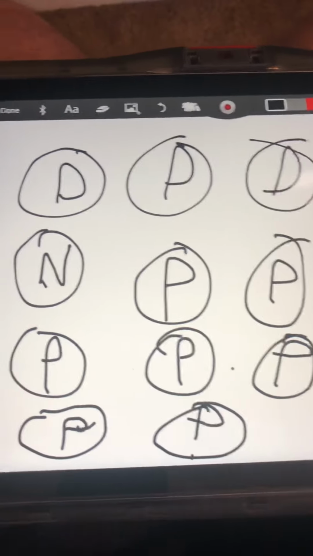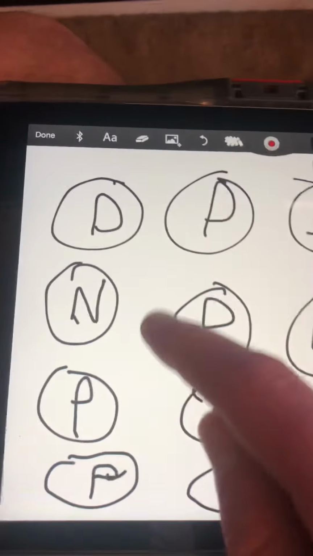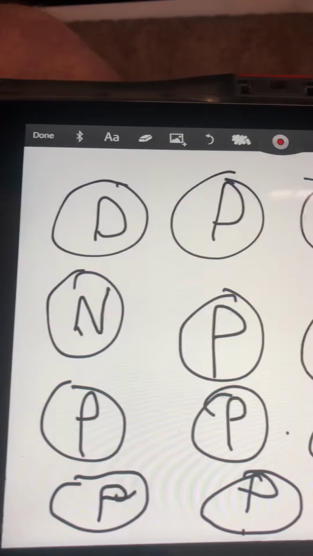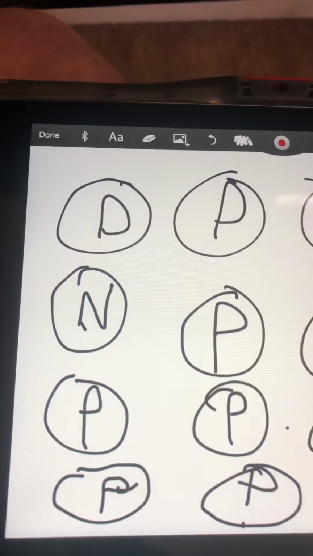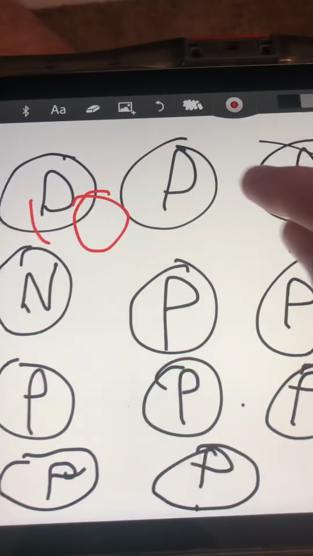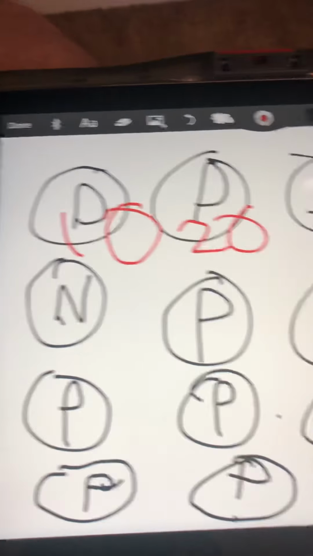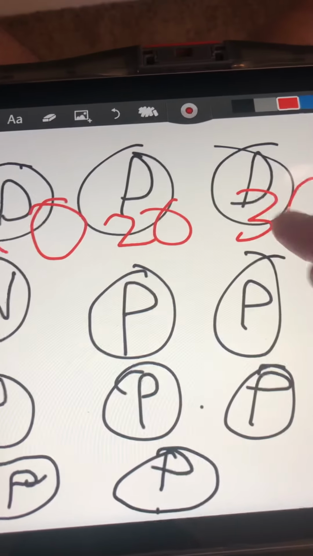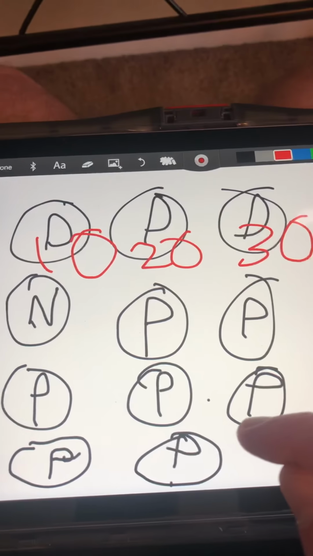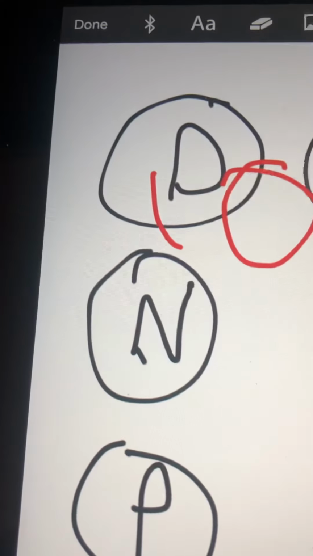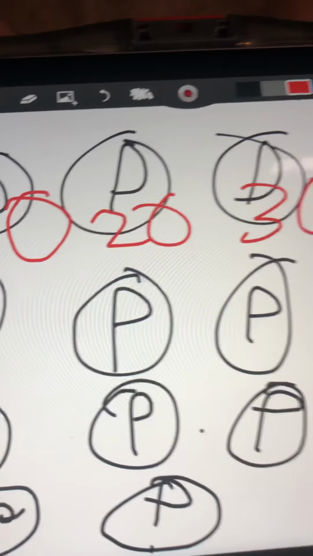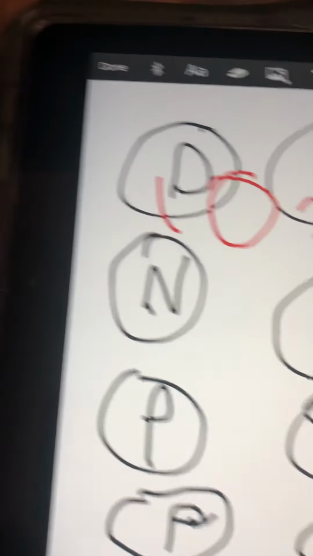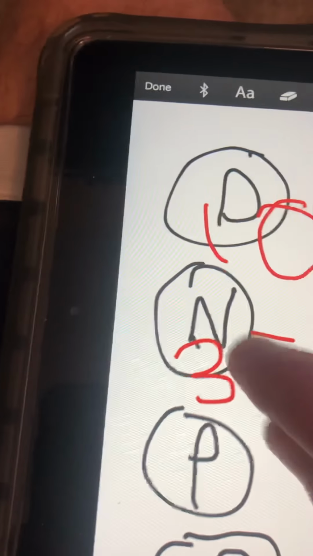A lot of stuff. We're gonna start with the biggest coin. By biggest, I mean the one that's worth the most. The one that's worth the most is the dime, because it's 10 cents. So 10 plus 10 again is 20. Plus another 10 is 30, because it's 3 dimes. Now we have a nickel. So 10, 20, 30, 5 more than 30 is 35.